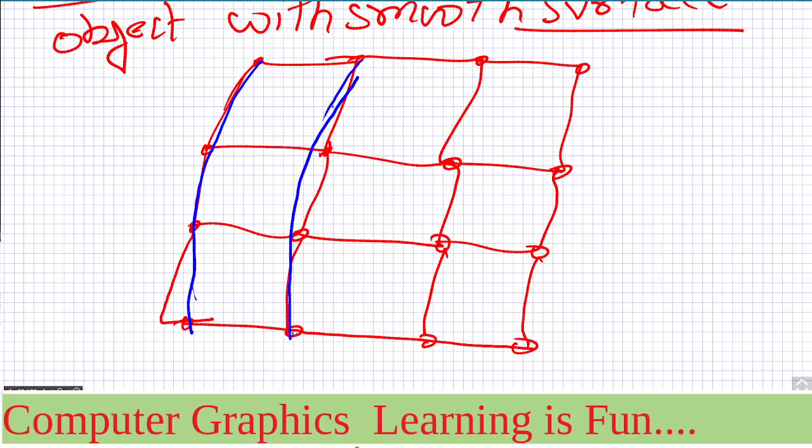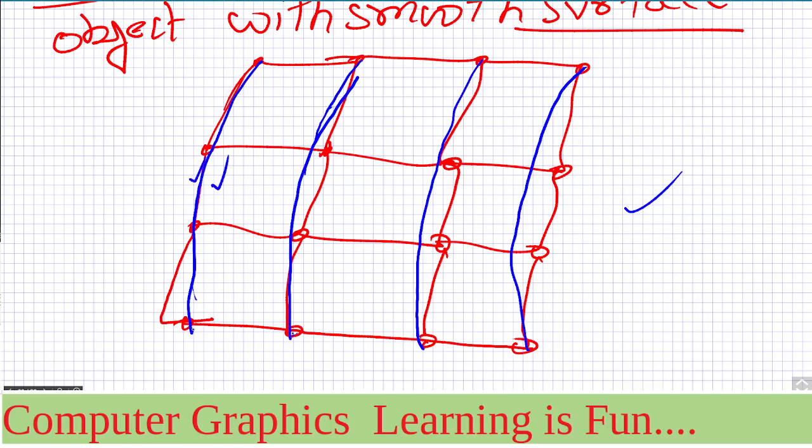Now whatever object comes out will look smoother. Earlier, given the points, you were using the equation to get a curve.